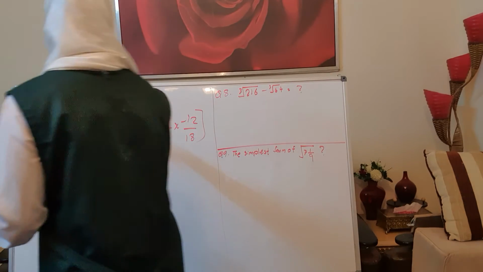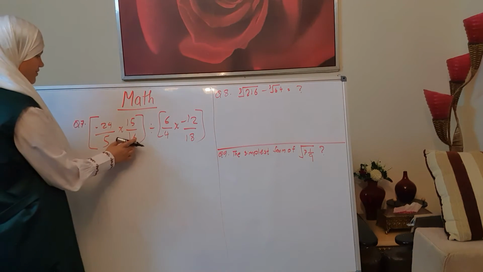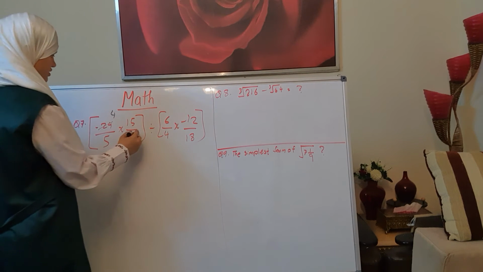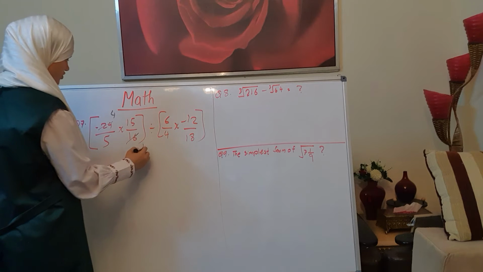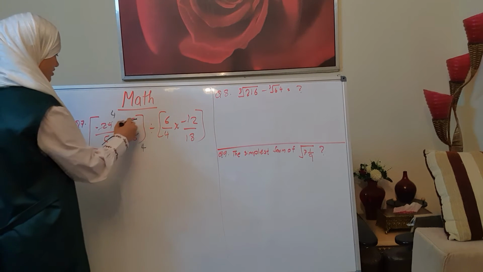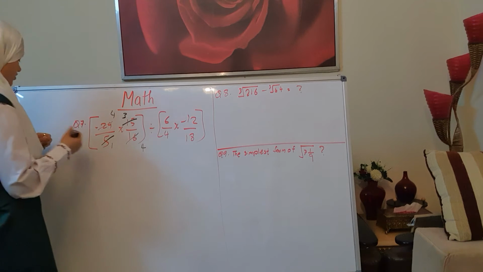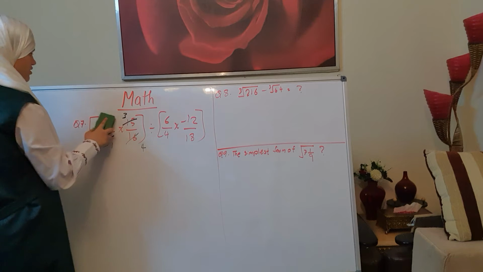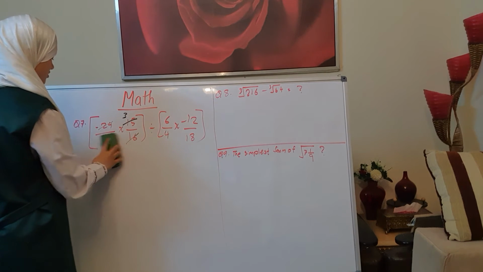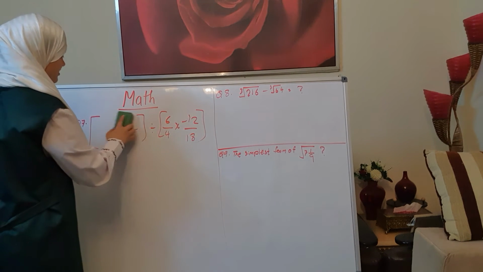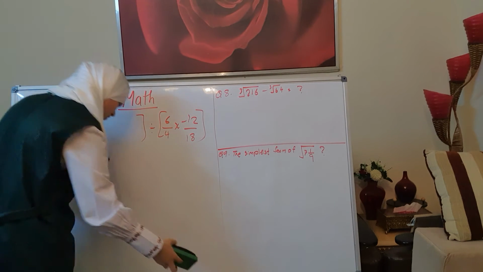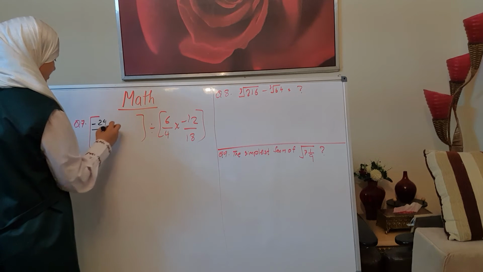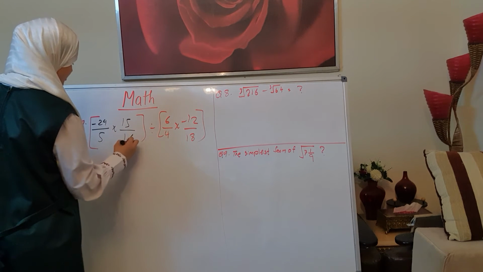Let me go back. We have negative 24 over 5 times 15 over 16.